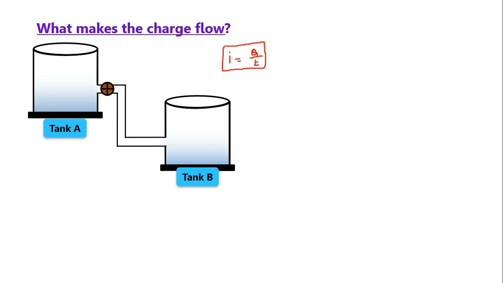If energy is available from a higher state to a lower state, it can flow easily.